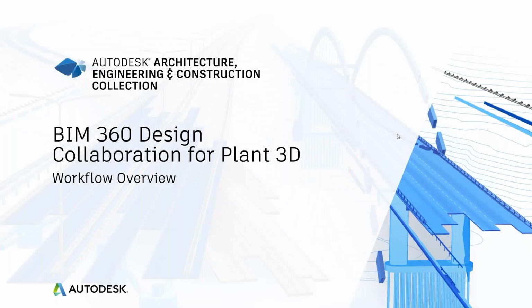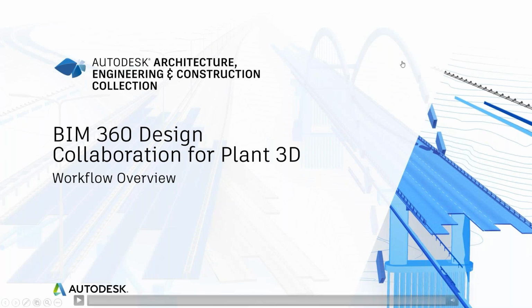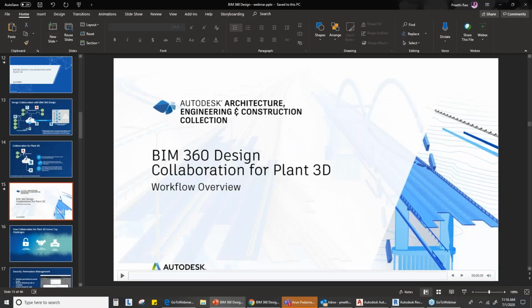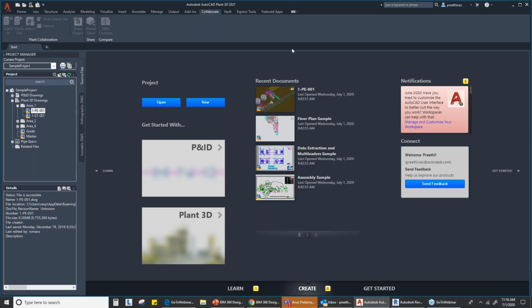So before I go on with the visual video of this, let me show you how this works live on BIM 360. I've got Autodesk AutoCAD 2021 on my system, which you're currently seeing on the screen. In the 2021 version, you will notice a new facility where you can see the Collaborate button.